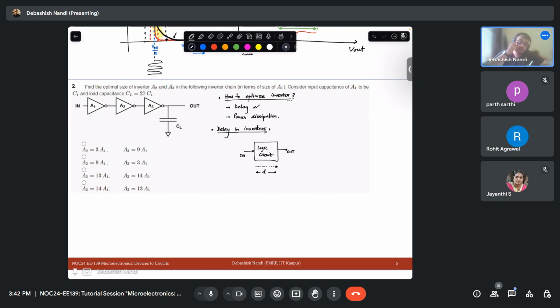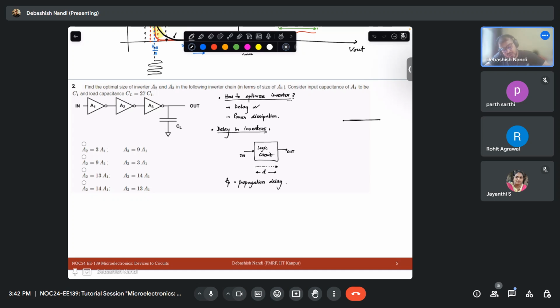So this delay we sometimes call propagation delay. We'll define these terms, but the point is, let's say I give you a metal wire.